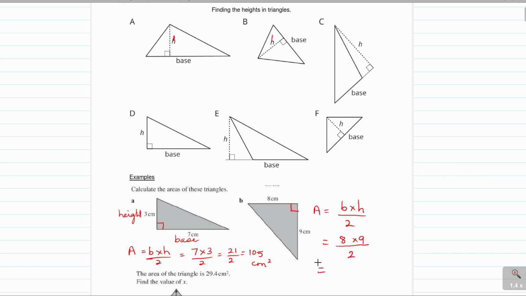Okay. So make sure to pause these videos and take down all your notes. Try it yourself. Alright, we have 36 centimeters squared because our units was centimeters.